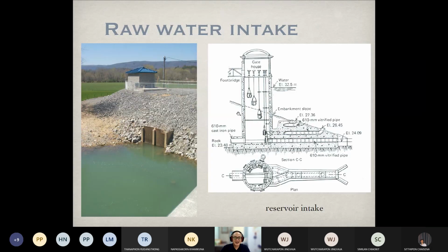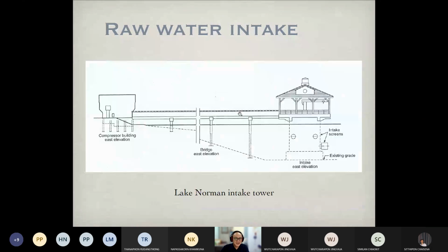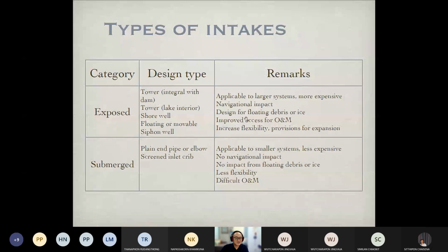There are many types of intakes, but we can classify them into two major types: the exposed types and the submerged types. The exposed type is a kind of intake that we can see from the ground, so part of the intake structure is located in the water, and some part is above the water.